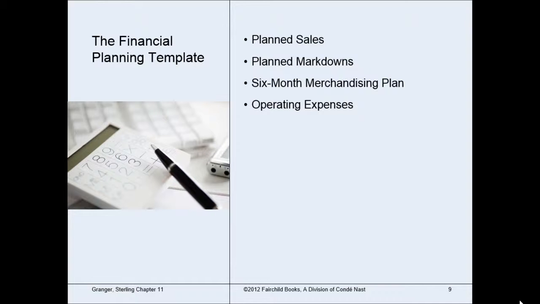A second technique that can be used is where you take average sales for the day and times that by the amount of days you're open to determine your annual sales. An example of this would be if you expect to have at least 15 customers per day with an average sale of say $50. So your daily sales would be $750. This is where you take average sales per day and you times it by 324 days.